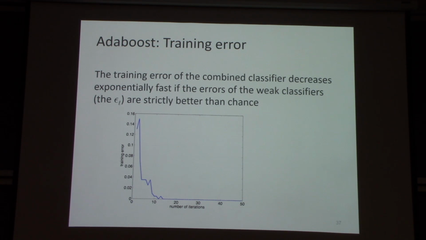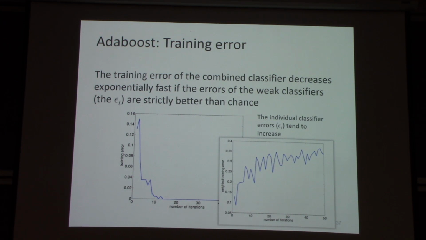So the training error decreases exponentially, and empirically, I think this picture might be from Tom Mitchell or Pedro Domingos, I can't remember, but very often you see the training error goes down to 0. You end up overfitting the training set, but the error of the weak classifiers goes up as the rounds iterate.